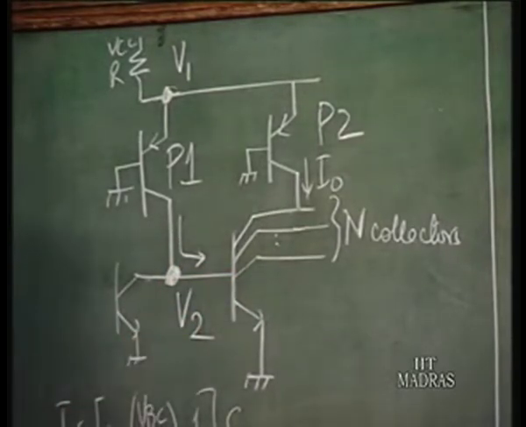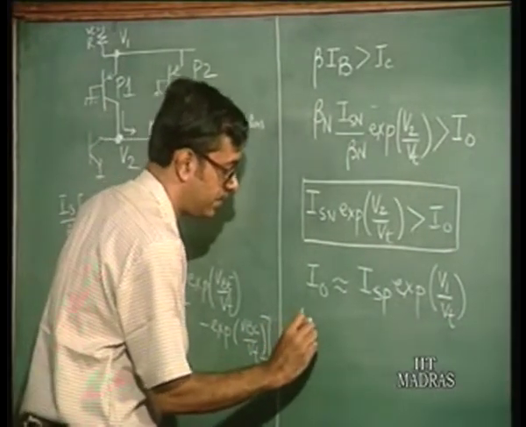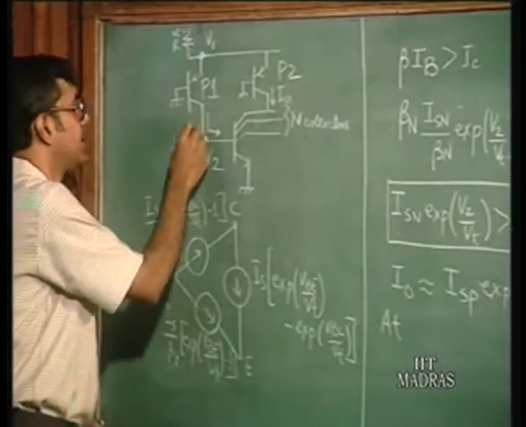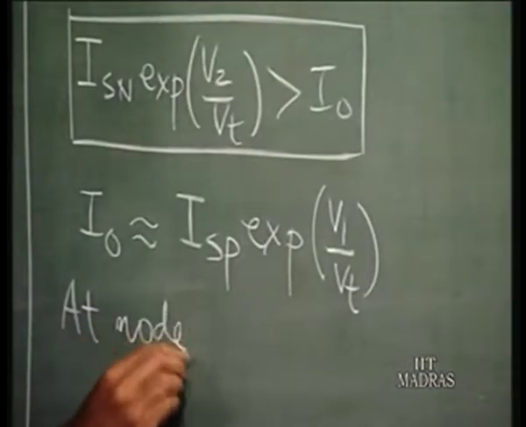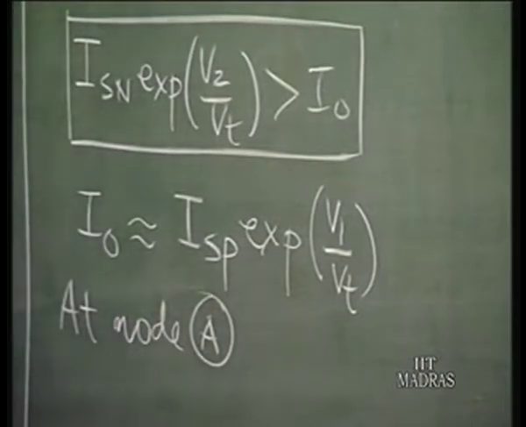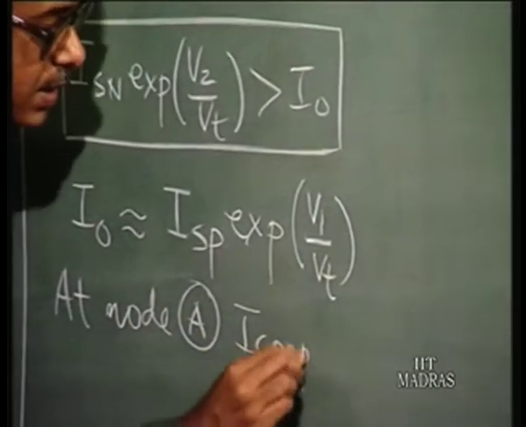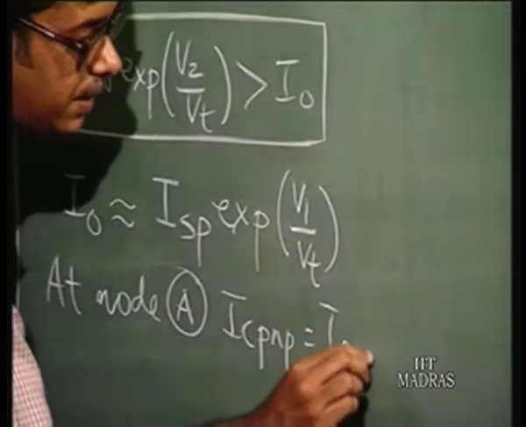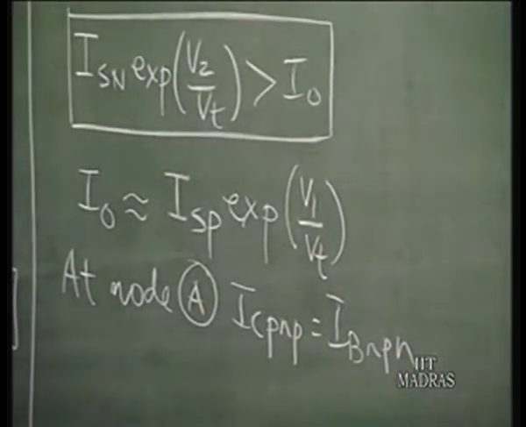So we can write an expression at this node, which I will call node A: collector current IC of PNP is equal to IB of NPN. So what is the collector current of PNP given by?